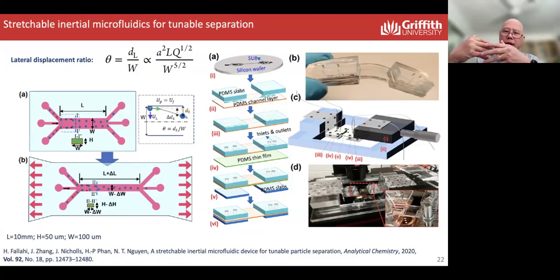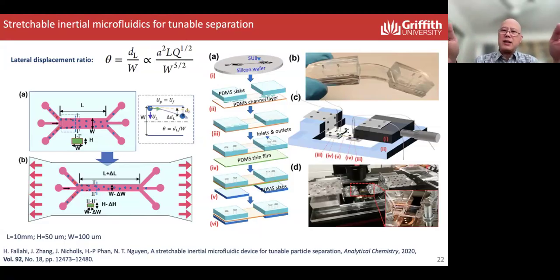to get the device to change its characteristics, we need to change the entire design. And by stretching a flexible device, now we can tune the geometry down to the micrometer scale, because when you stretch, the strain is constant.